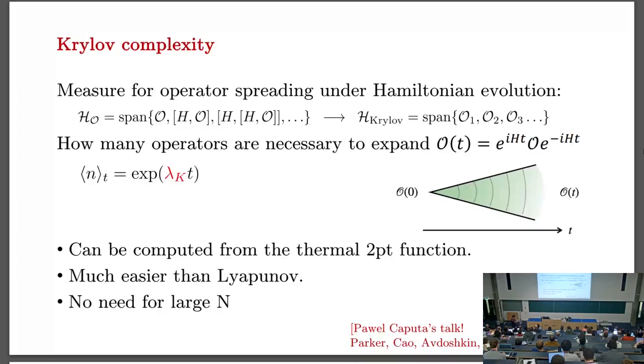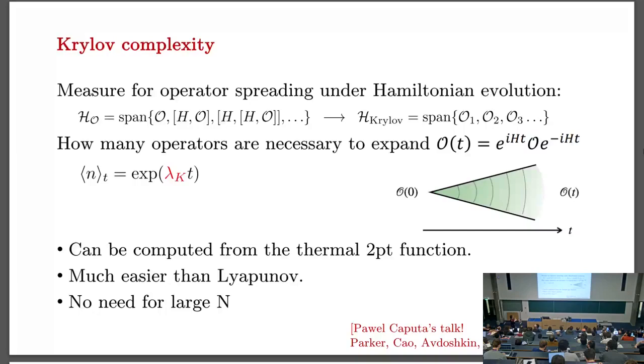I think we've heard quite a bit from Pavel, but in a few words, this Krylov complexity is an alternative measure of chaos that essentially measures operator spreading under Hamiltonian evolution. What one does is build an orthonormal basis by orthonormalizing the operator and the different commutators of the operator with the Hamiltonian.